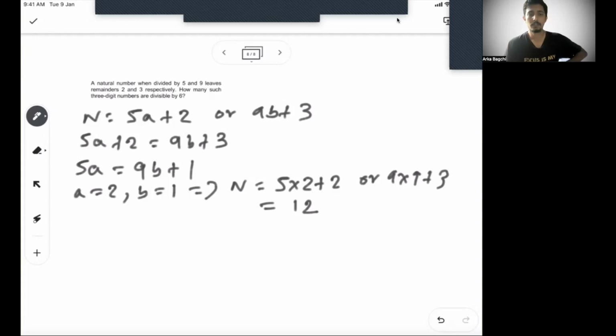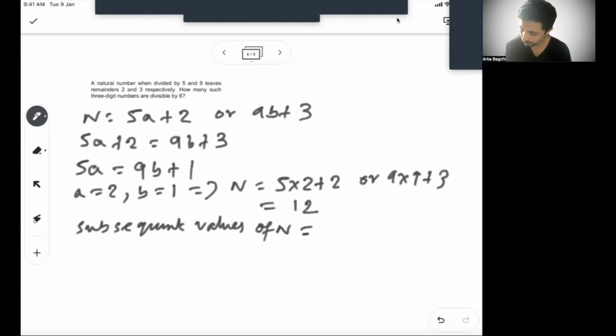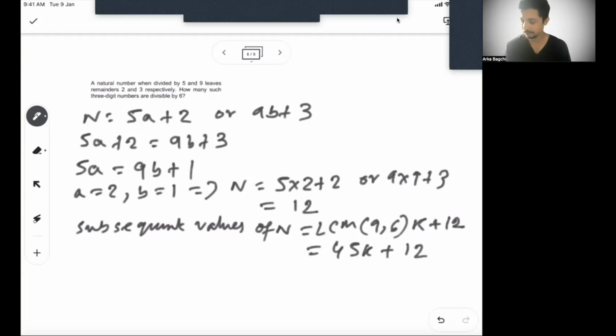So the next set of n, subsequent values of n will be LCM of 5 and 9 into k plus 12. So this will become 45k plus 12.